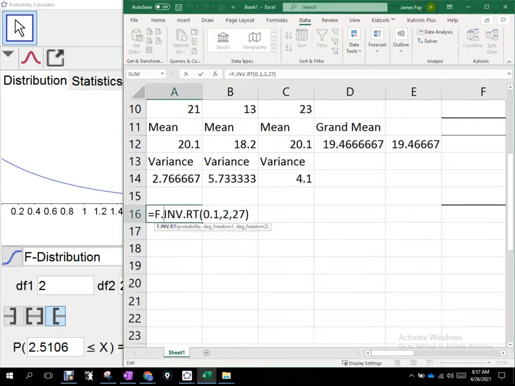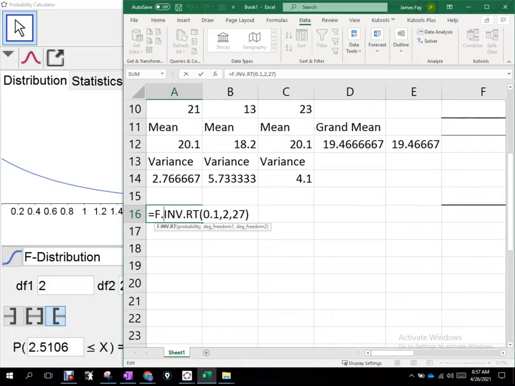Initially, I typed in F.INV, which is going to give me the left tail, which we don't want. You'd have to do some algebraic manipulation to get the right tail from that. It's just easier to use F.INV.RT for a right tail. You type in your probability, which is our alpha.